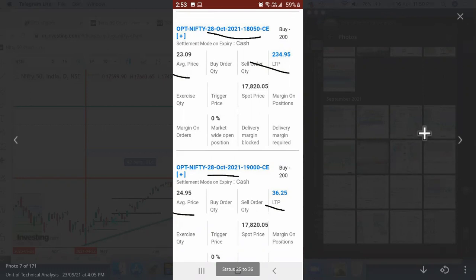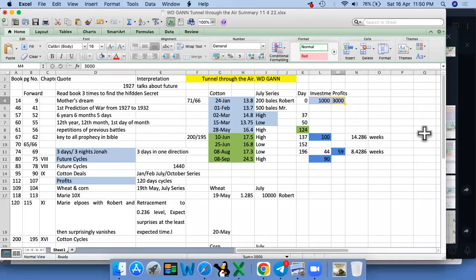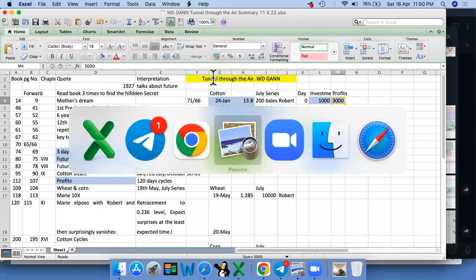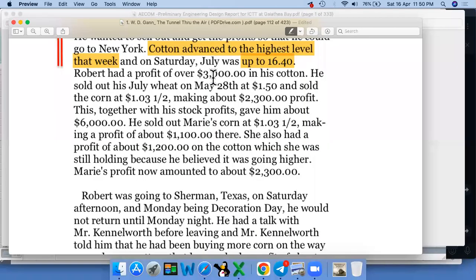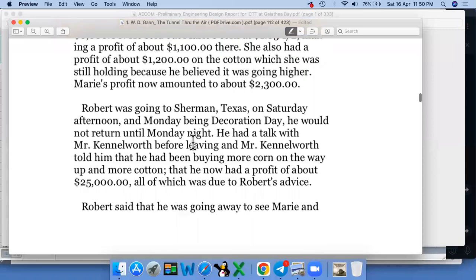So as I told you, yes, Robert has made a profit somewhere around 3x. So this has been in 1 year, right? And probably Mr. Kellenworth told that he has been buying more corn on the way up and more cotton, that he now had a profit of around 25,000 because of Robert's advice.